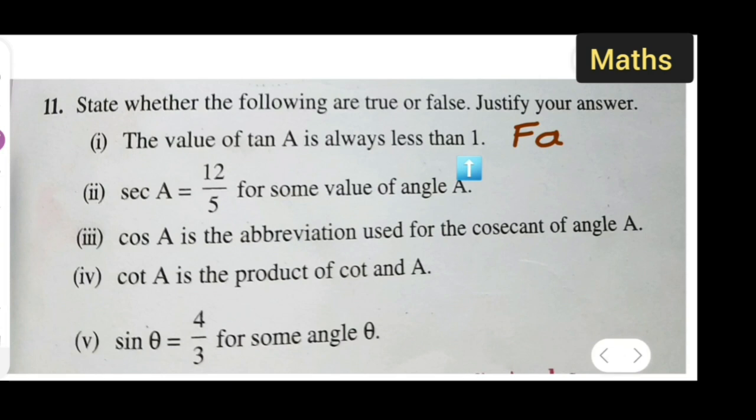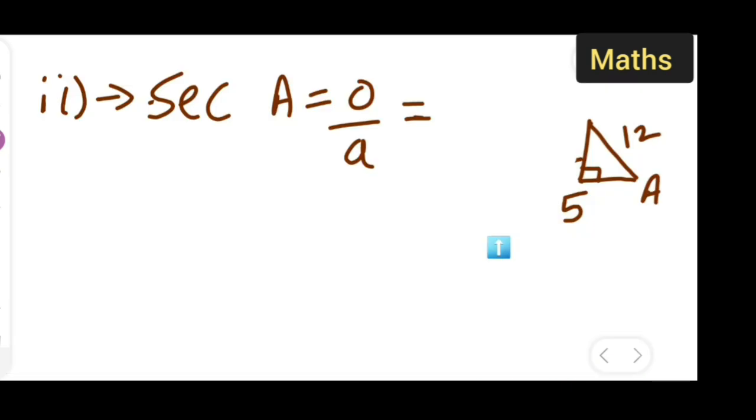Moving towards the next one, that is sec A is equal to 12 upon 5 for some value of angle A. So let us see this. Here you can see that sec A is hypotenuse upon adjacent.